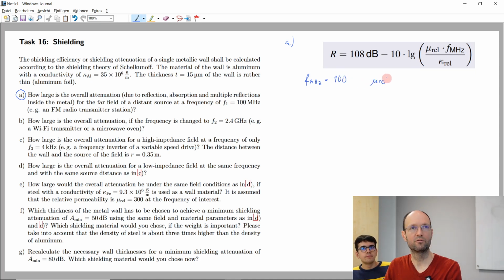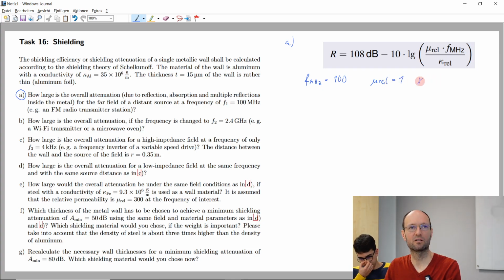The mu relative of aluminum: is aluminum some ferromagnetic material? Now we are talking about permeability. Aluminum is not a ferromagnetic material, so the relative permeability will be just 1. The permeability of aluminum is just the free space vacuum permeability.